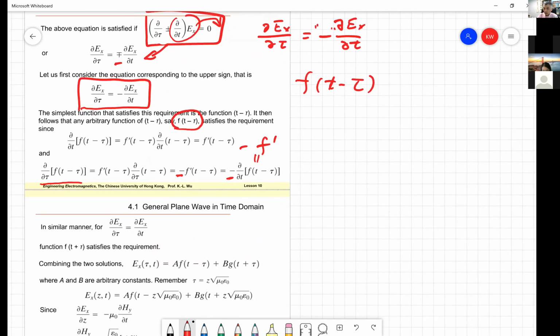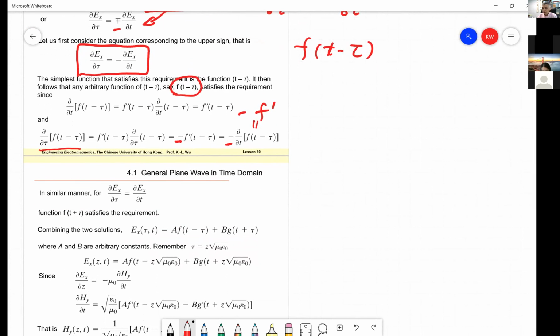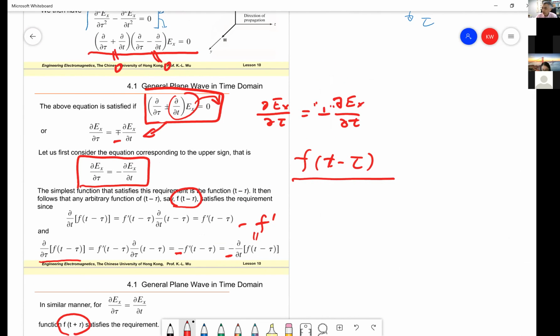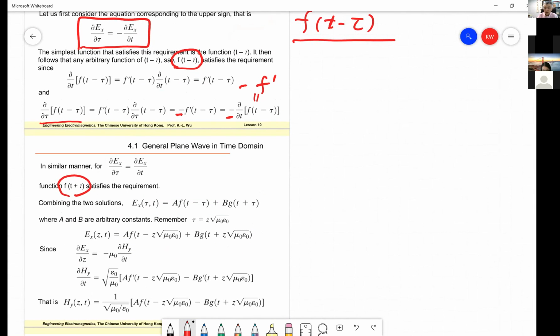That means the solution is a very general solution. I know any function with argument t minus tau works. Similarly, we can justify for the other equation, where we replace this minus sign by a plus sign, that its solution is always f of t plus tau.